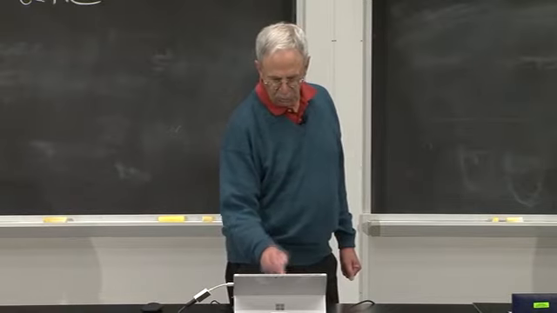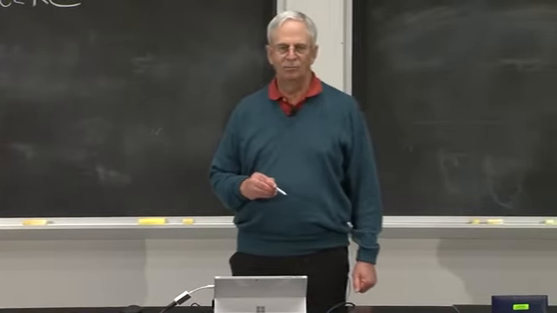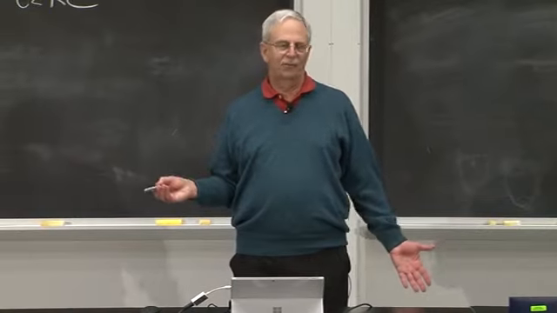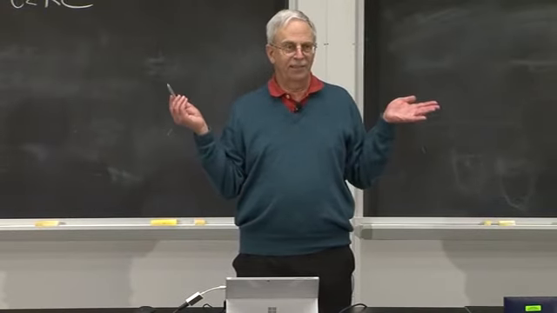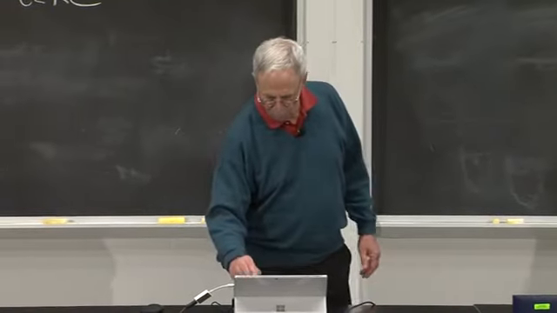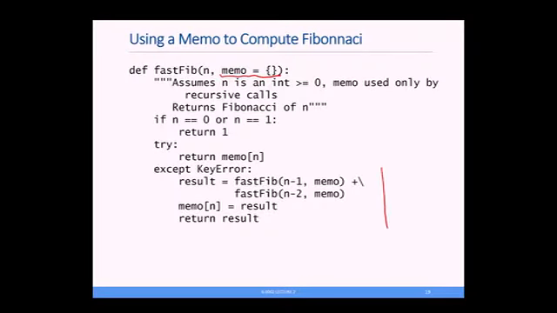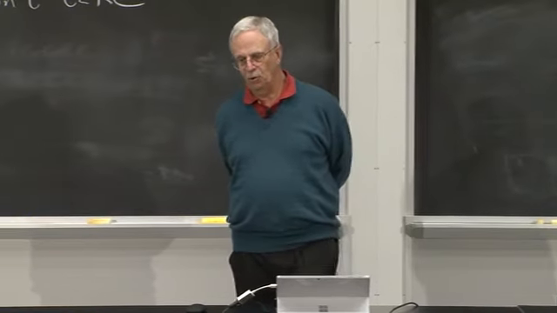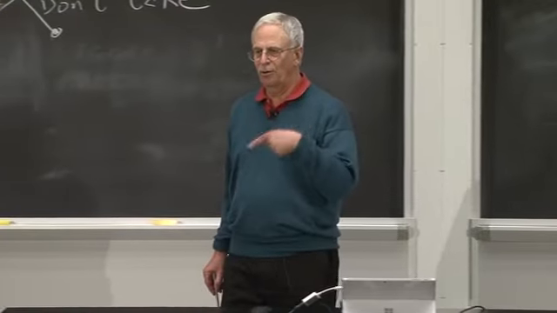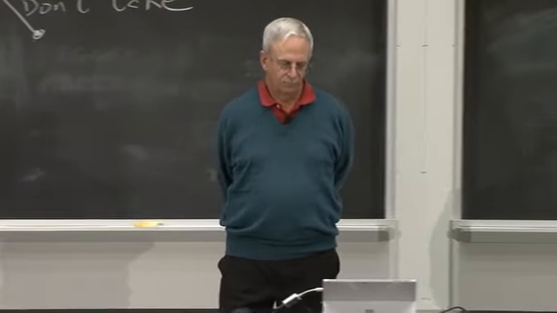So it tries to return the value in the memo. If it's not there, an exception will get raised. We know that. And it will branch to here, compute the result, and then store it in the memo and return it. So it's the same old recursive thing we did before, but with the memo.